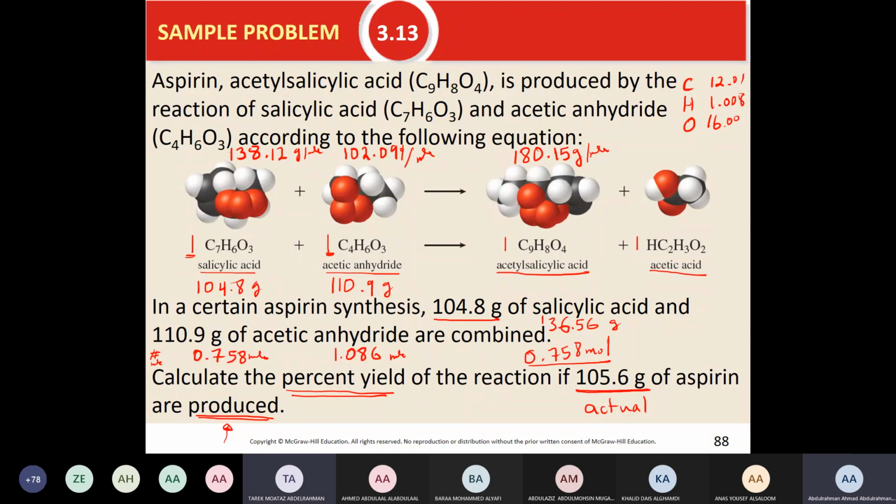You just multiply 0.758 times 180.15. You should get 136.55. Everybody got 136.55? Yes, sir. Good. Then what's the percent yield?